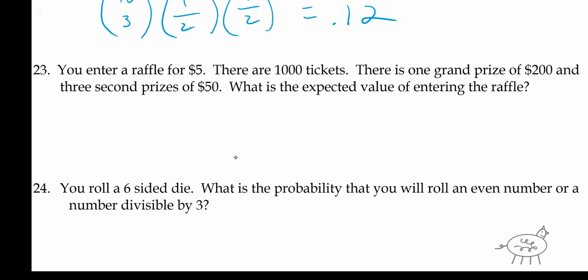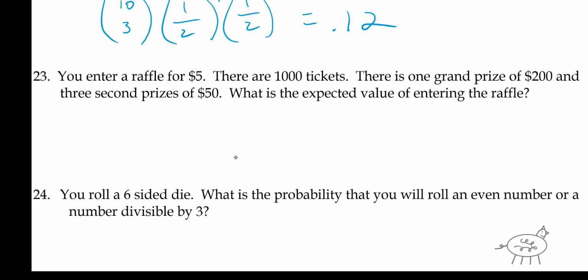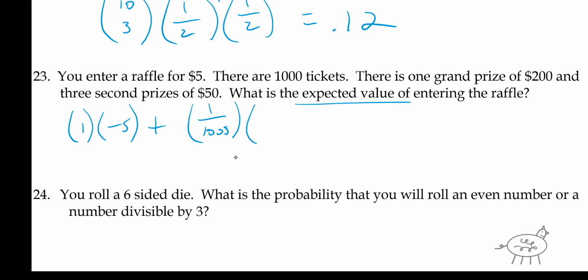Okay, you enter a raffle for $5. So the deal is, this is an expected value problem, by the way. You lose $5 no matter what. So the probability of losing $5 is 1. And there's 1,000 tickets. Now we're assuming that you're putting the ticket back in, just to make it a little more simple. There's one grand prize of $200, so the probability of winning that is 1 over 1,000, and you win $200.